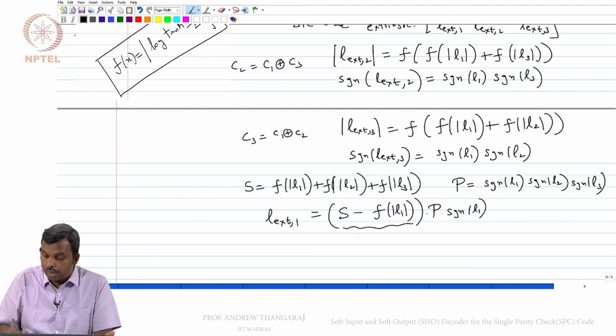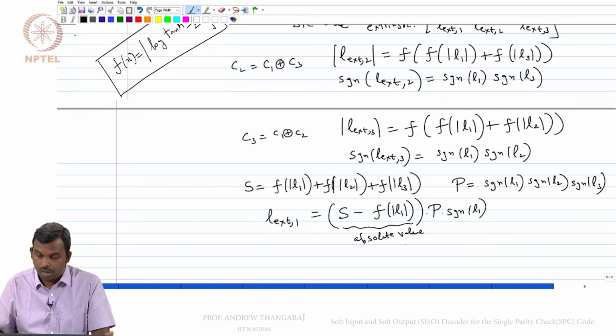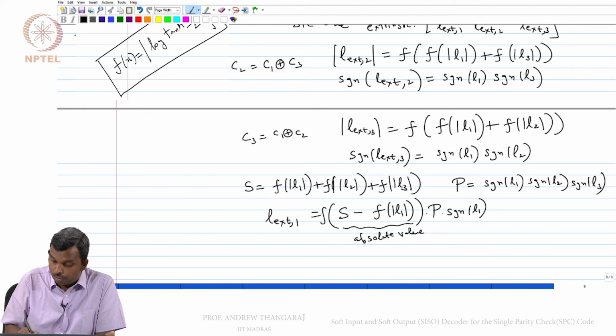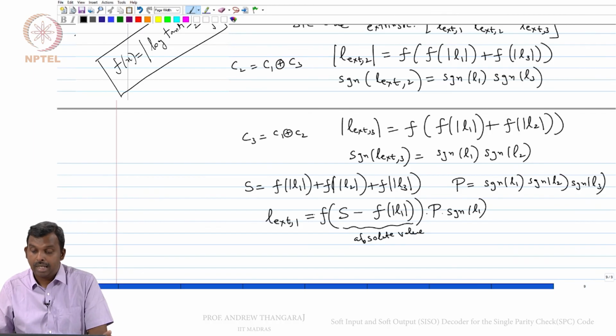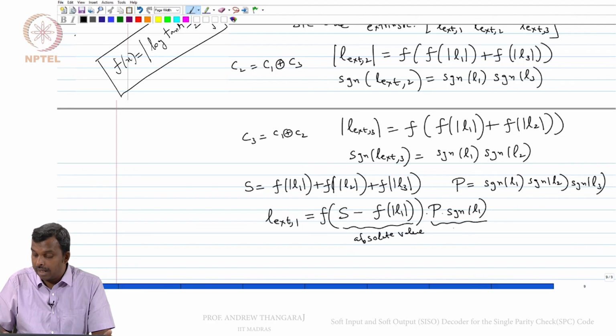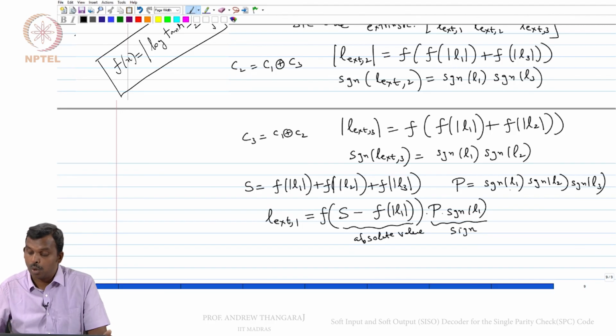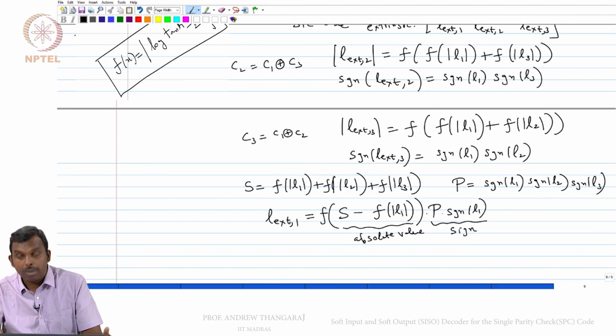This is the absolute value. I'm sorry, I think I missed f of, okay. It's f of S minus f of L1, and you can see this is the sign, right? P is the product of all the three signs. I am multiplying with sign of L1.